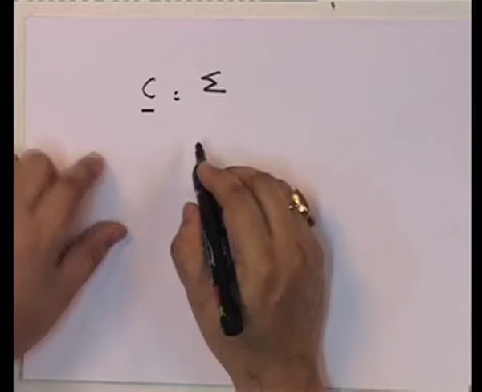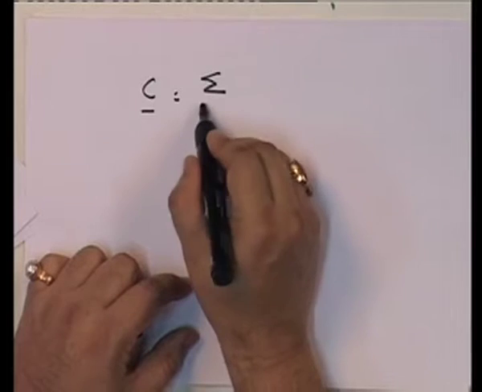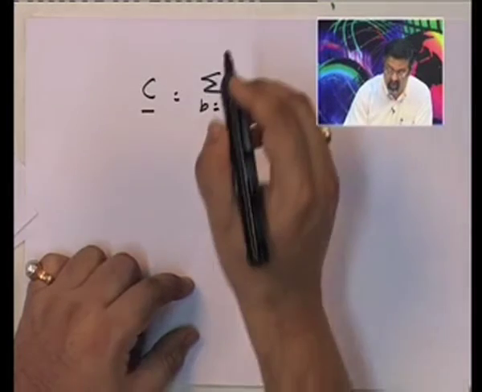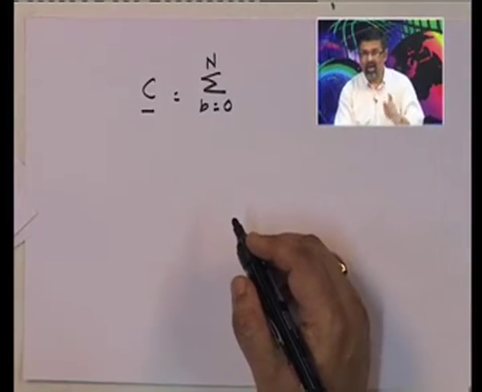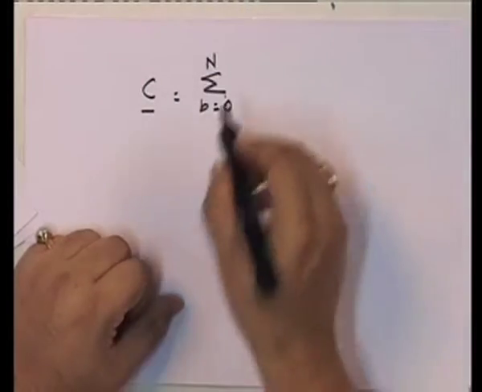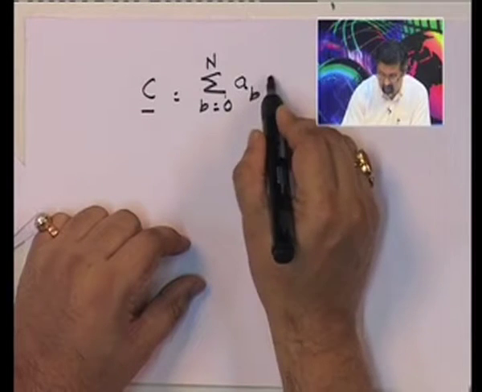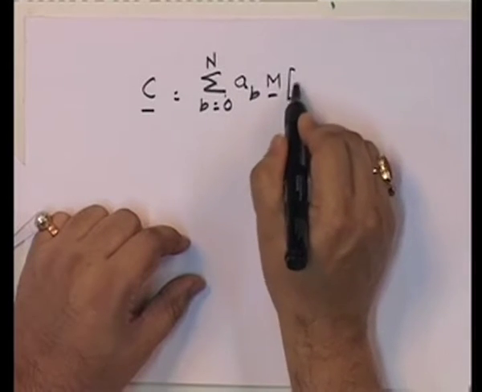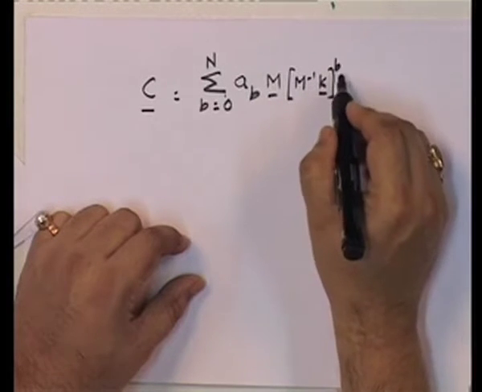The problem is by considering C to be given as, let us say, a series, b going from 0 to n. Remember that this goes from minus infinity to infinity, but I will consider only n of those, and I will say that, look, a_b m inverse k into b.